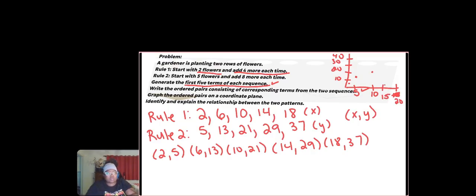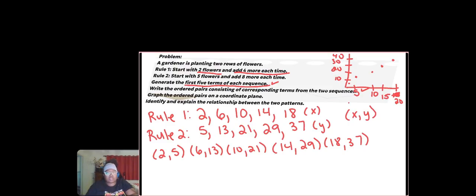Okay, so now we'll have 14, 29, so we'll put that right below 30. And then we have 18, 37, so 18 will be right about there and right below 40.